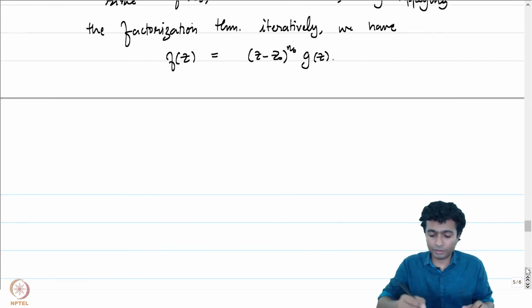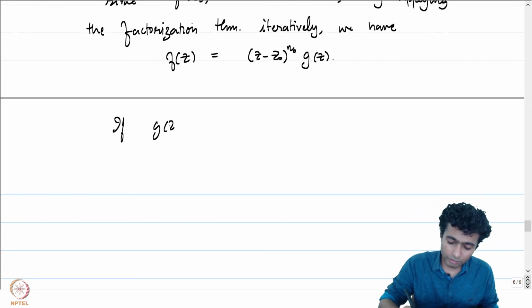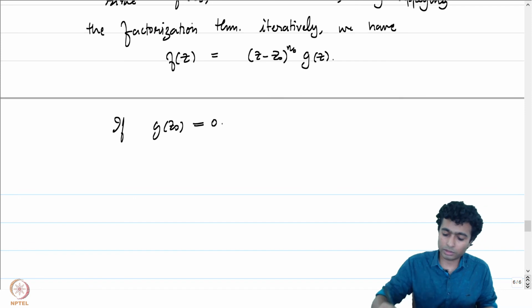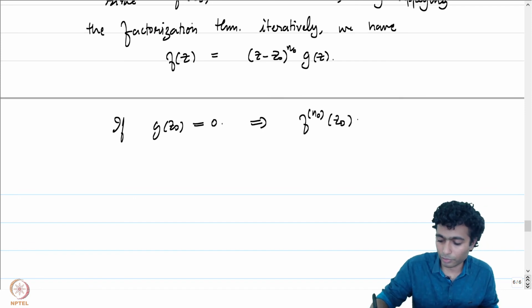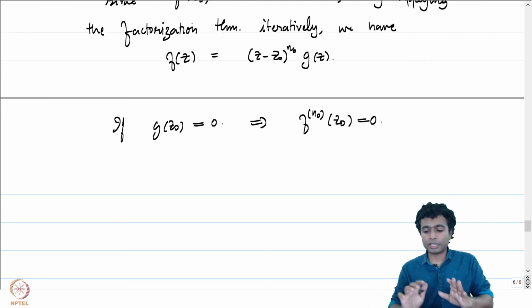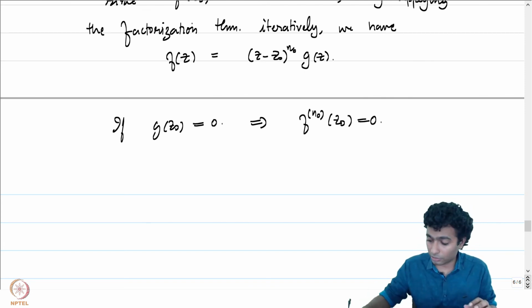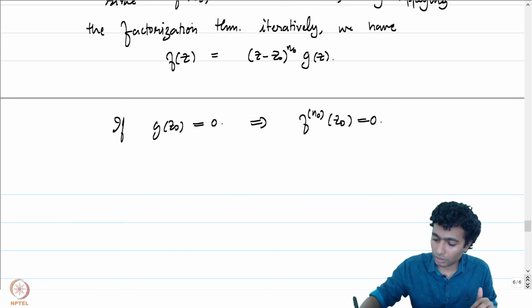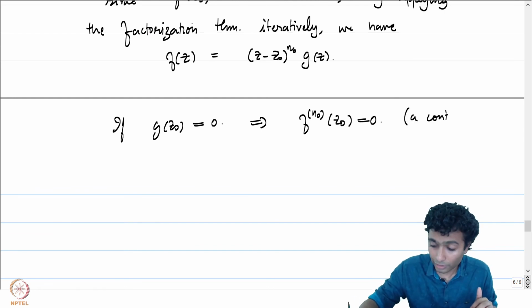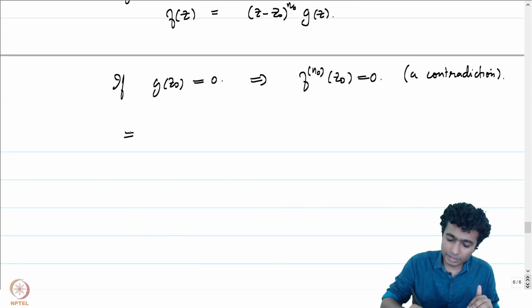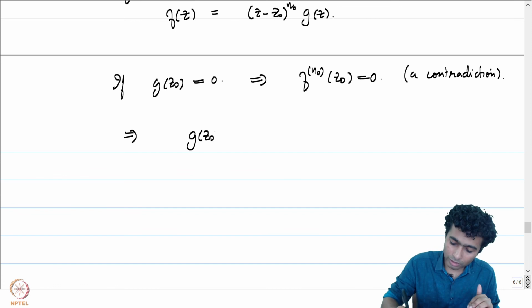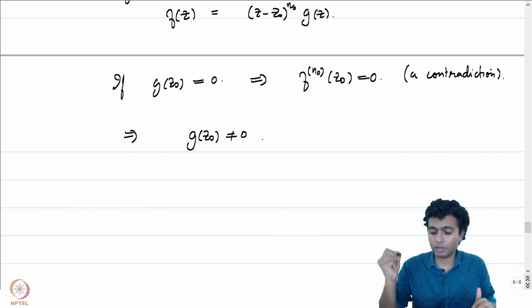But then if g of z naught were equal to 0, that would imply that the n naught-th derivative of f at z naught is also equal to 0. But we have assumed that n naught is the smallest integer where this does not happen, where the n naught-th derivative of f at z naught is not equal to 0. That's something which we have assumed, and therefore this implies that g of z naught is not equal to 0.